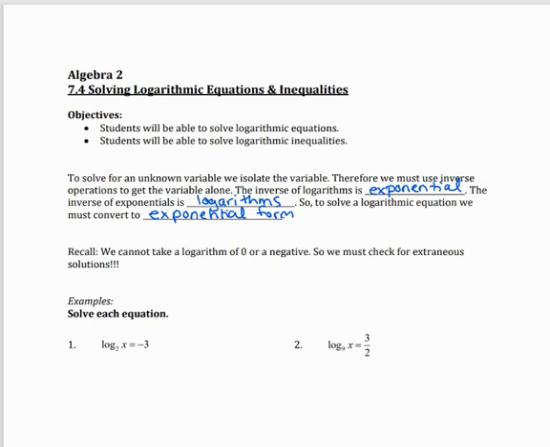Now there's something really important to remember, and that is that we cannot take logs of 0 or of a negative. So if I have some log base b of x, this x right here cannot be negative or 0.